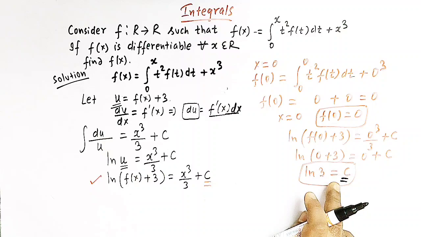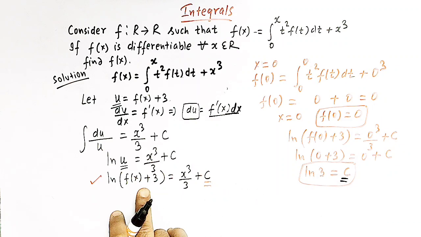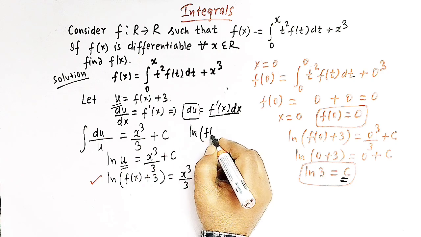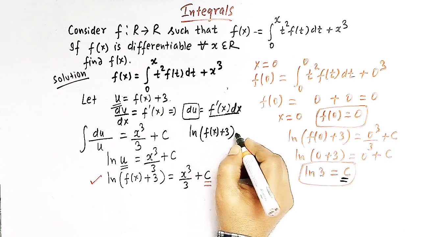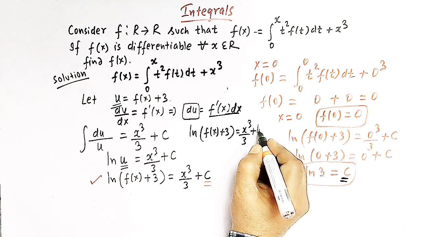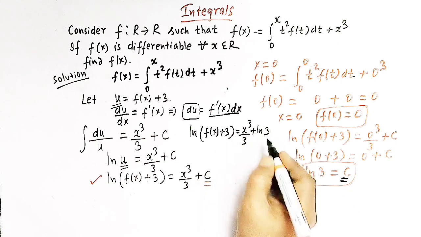So now let us substitute this value of c in this equation. So we have log of f of x plus 3 is equal to x cube over 3 plus natural log of 3, right?